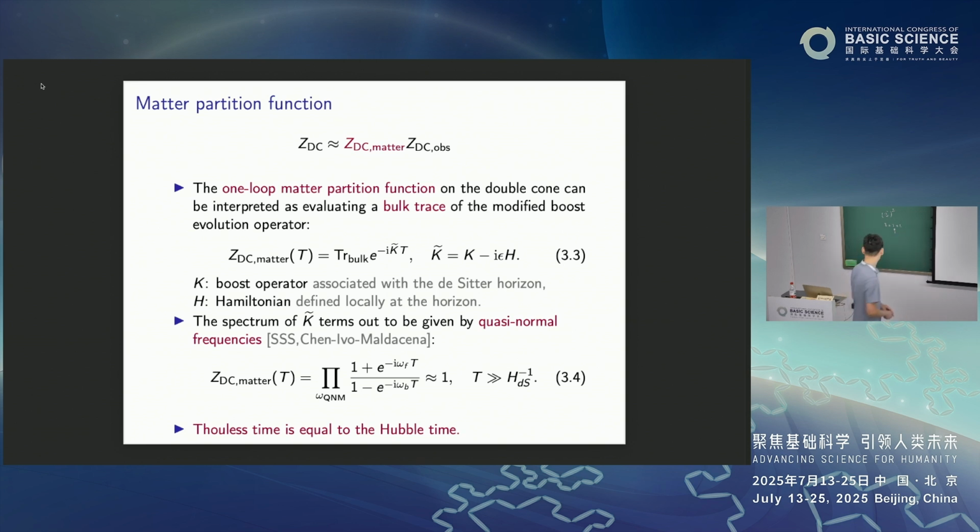Any Rindler horizon, locally it's flat, and H acts as a global time translation of the Rindler horizon. So in general, it's not a symmetry, the Minkowski time. In general, it's not a symmetry, but it's an approximate symmetry near the horizon, and that's all you need to define this modified boost operator.